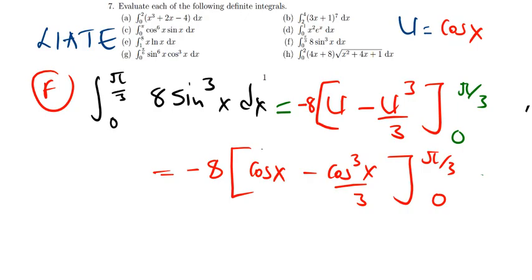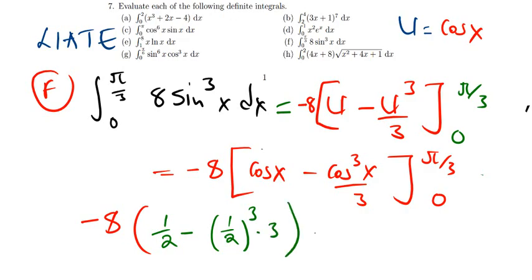So in short, you have negative 8. For the first part, that's going to be half minus half cubed, multiplied by 3, and then minus, for the 0, cosine of 0 is going to be 1. So 1 minus 1 to the power 3, like that.